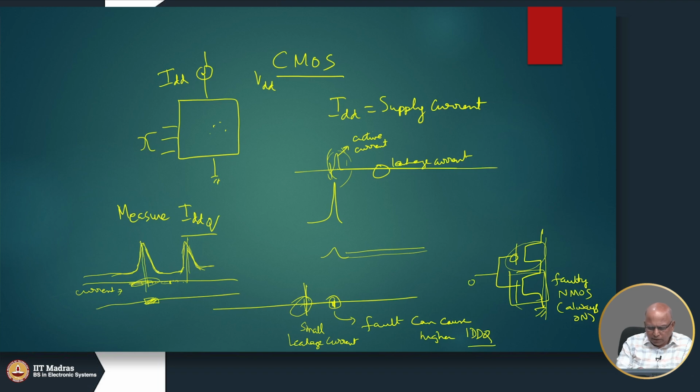If these are well separated, then IDDQ test will work, right? We can measure the current, it may vary, but there is a good separation. Another way to understand this is something like this.